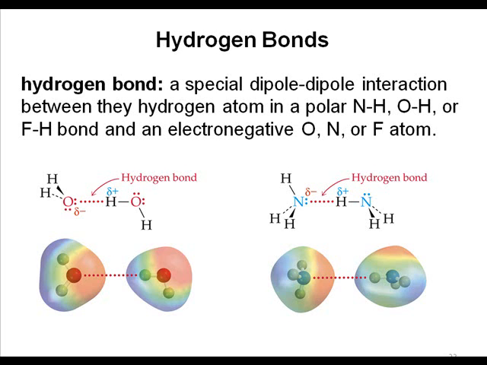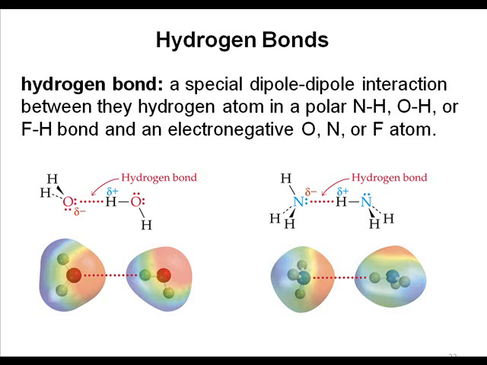You'll notice that nitrogen, that's in the molecule ammonia, can create the same property, and you're going to see hydrogen bonding. What you want to make sure you recognize is hydrogen bonding stands out when there's oxygen, nitrogen, or fluorine involved.